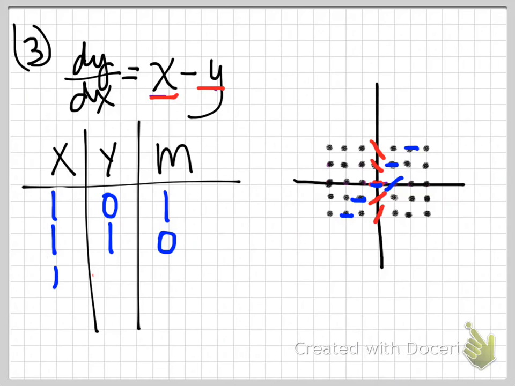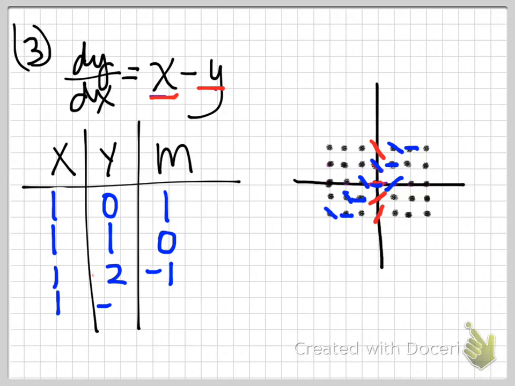If I do 1, 2, that's going to be negative 1. And 0, 1 was also negative 1. So if we go on the diagonal lines here, all of these slopes are going to be negative 1. That's useful.